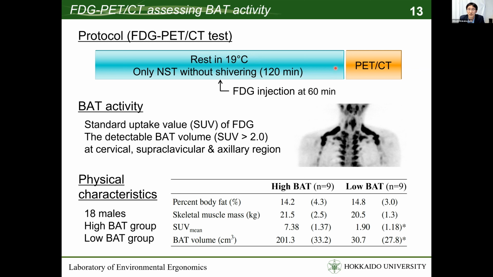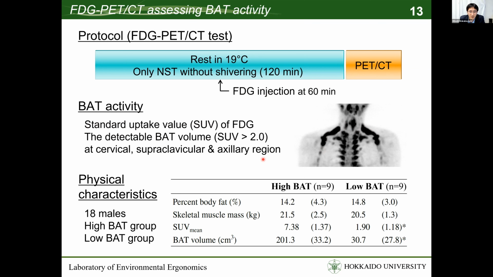And after 2 hours of cold exposure, they were scanned by PET-CT. And BAT activity was evaluated by standard uptake value of FDG, and the detectable BAT volume where SUV was higher than 2.0 was evaluated at cervical, supraclavicular, and axillary regions.